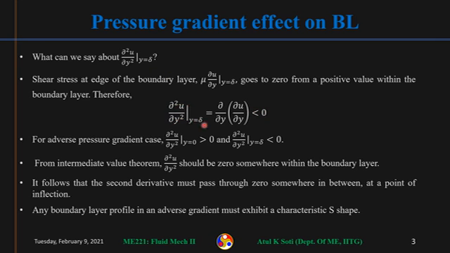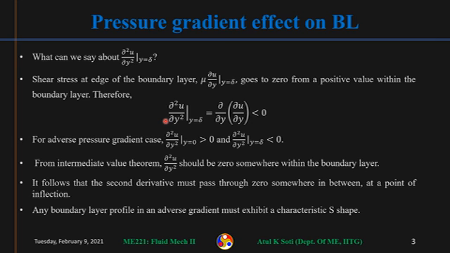So at the wall and at the edge of the boundary layer, we can say something about the value of del 2u by del y2. For the adverse pressure gradient, we have concluded that at the wall this is positive, and at the edge of the boundary layer it is negative.